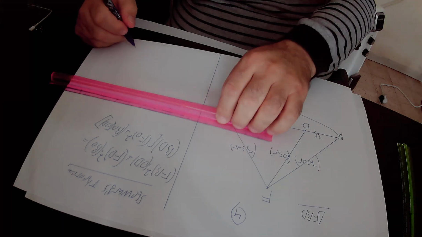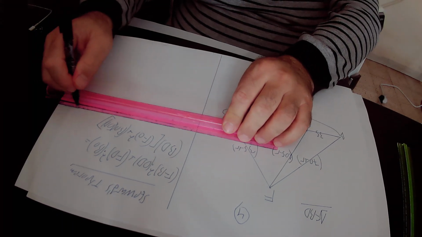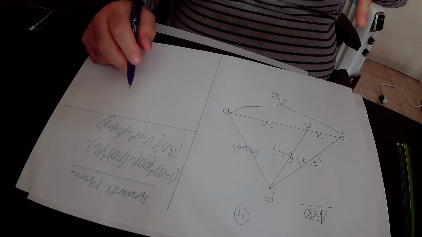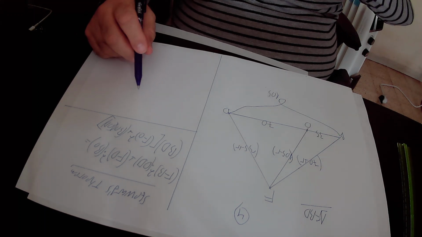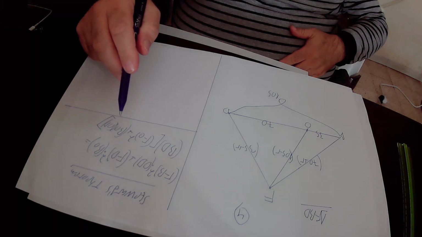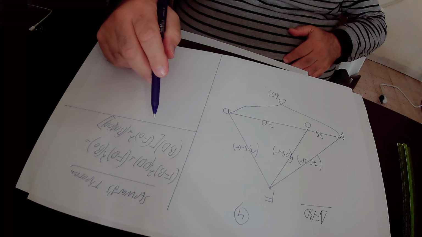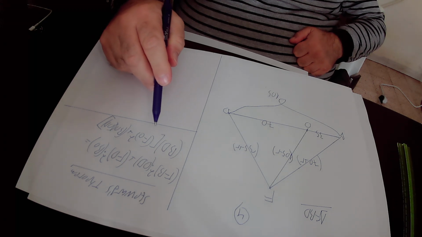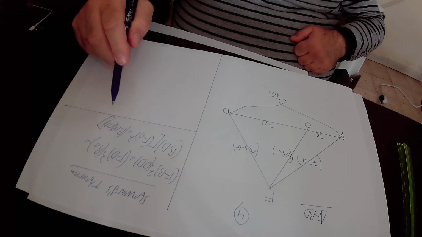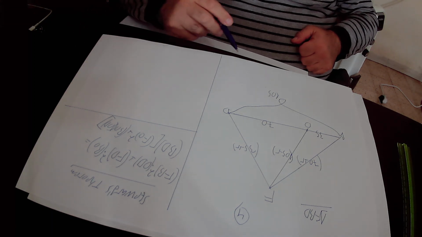So actually, this equation is the implementation of Stewart's theorem in our triangle FBD. I'll repeat again: FB squared times OD plus FD squared times BO equals BD. We open the brackets here. Inside the brackets we have FO squared plus BO times OD. Here we close the brackets.